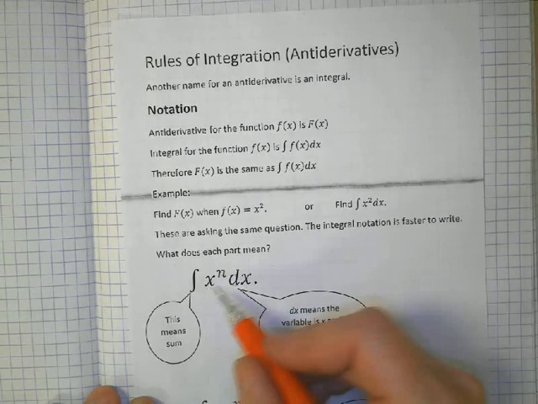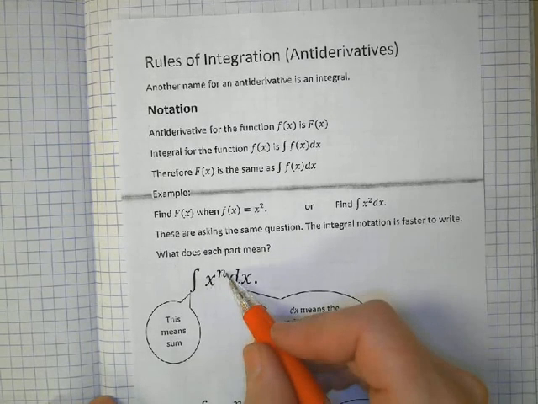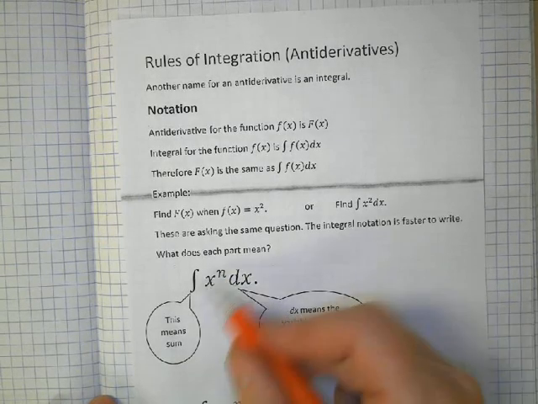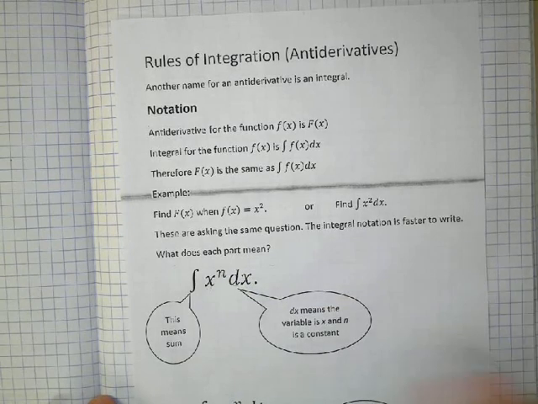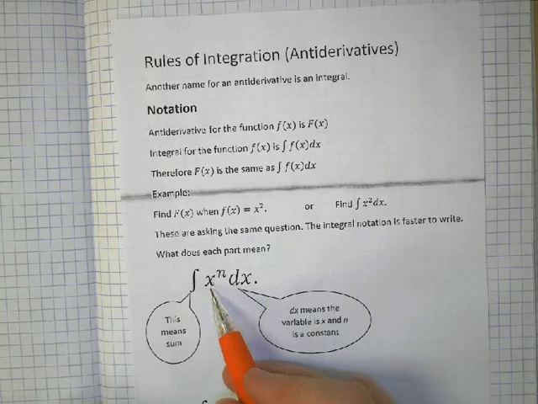So x is the variable part of the equation. N is a number, but we just don't know what it is when we're writing the formula. But when we do have an actual problem, that would actually be a number. So the dx is telling us which letter is the variable. The x is the variable.